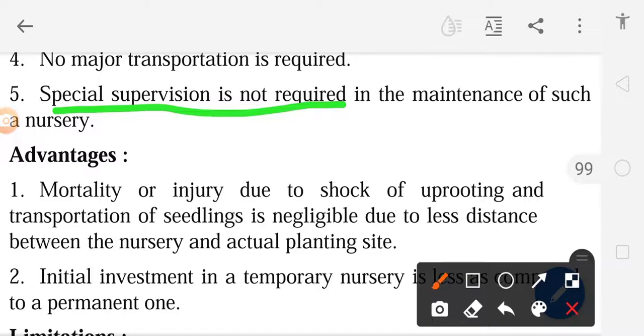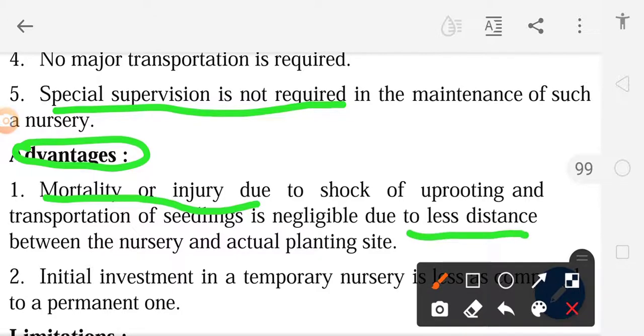So that's why it has different advantages. Which are the advantages? The mortality or damage is very less. This damage may be caused to the seedling during transportation, and we would lose that particular plant, but that possibility is very less.